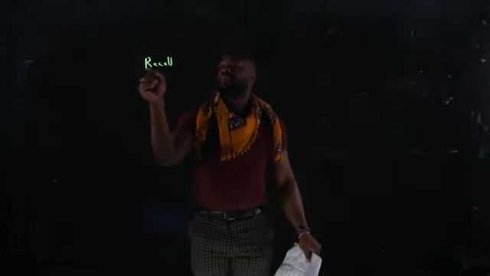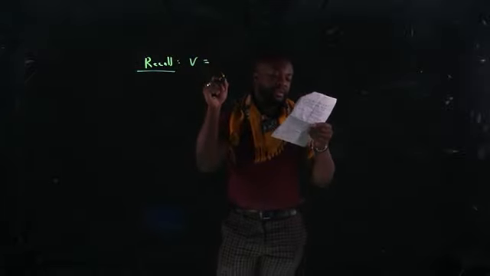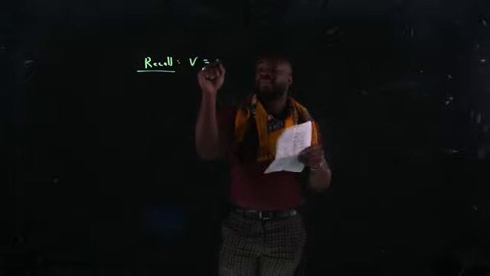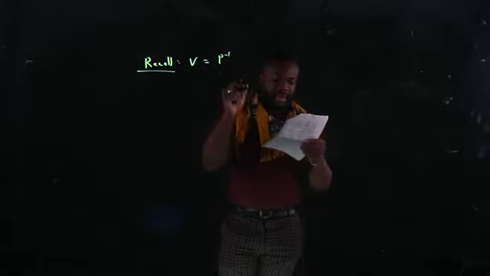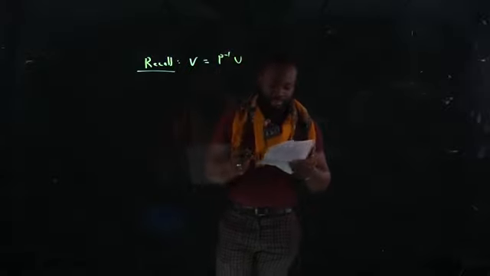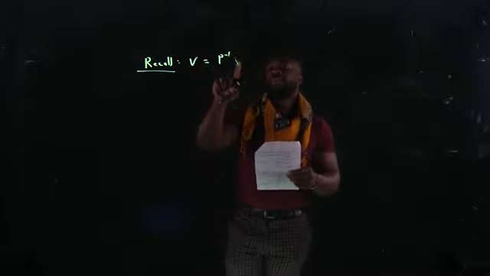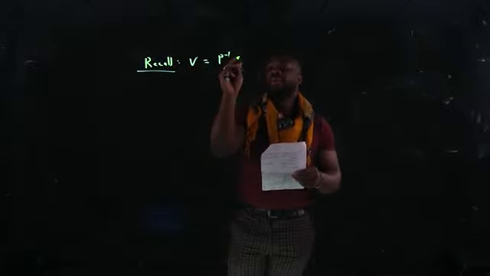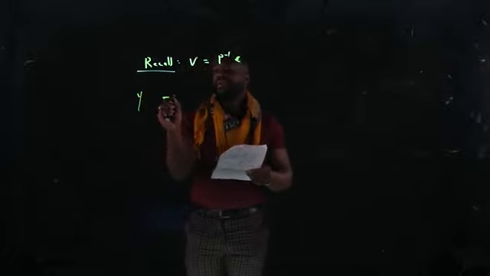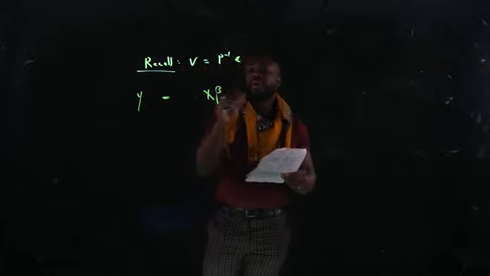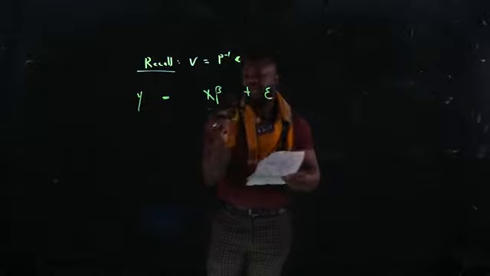Okay, so recall that v, we're going to call this P inverse multiplied by e. Now we have that y is equal to x beta plus e.